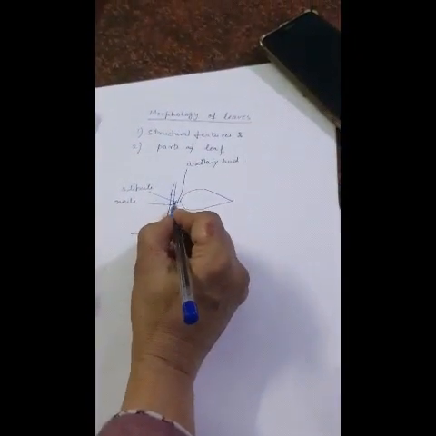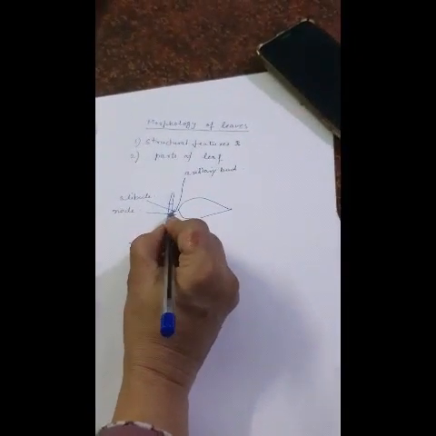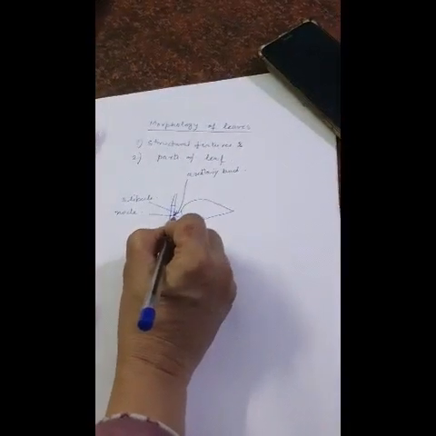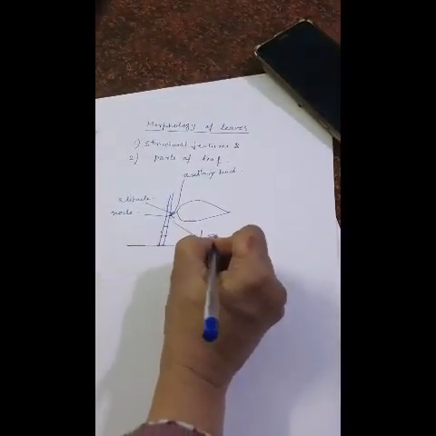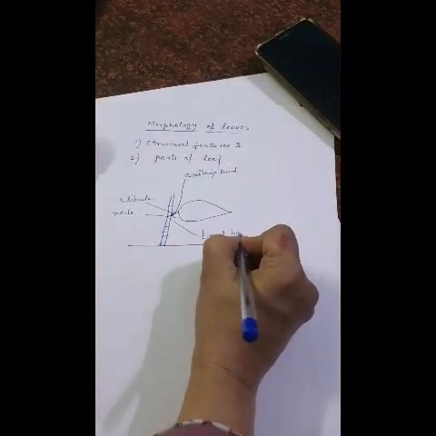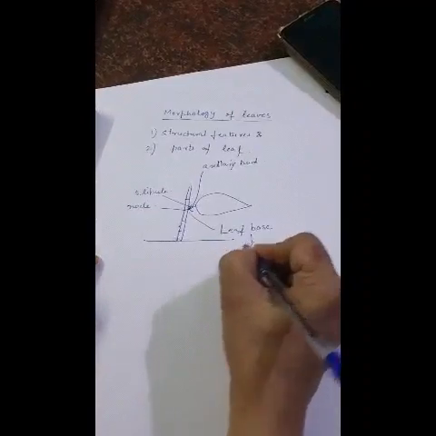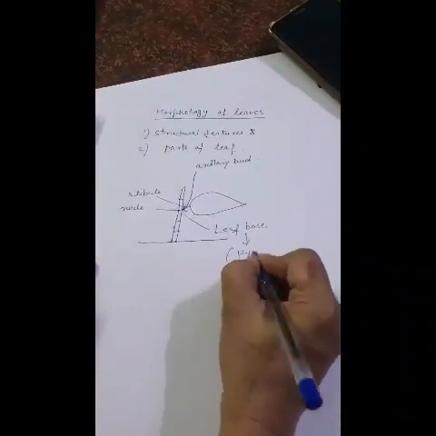The part by which leaf is attached with the stem is known as leaf base. The most technical term used for leaf base is hypopodium.